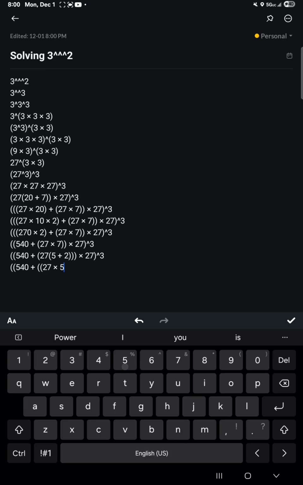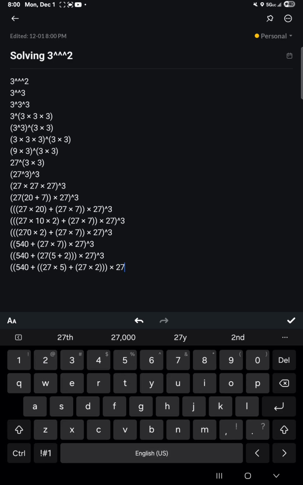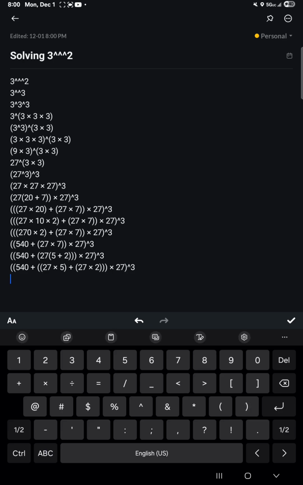Same distributive property. Now 27 times 5. Do you guys know what the answer is?